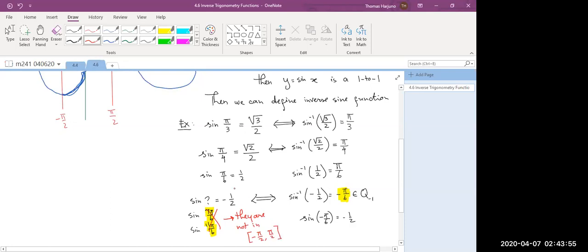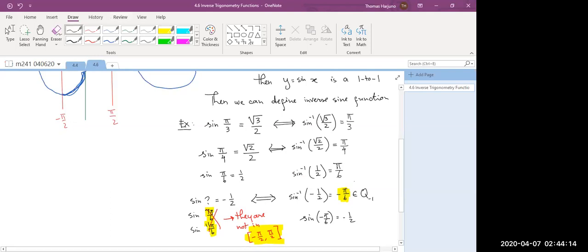There are a lot of angles such that sine of that angle equals -1/2, but there's only one angle in this restricted domain. And the answer is -pi over 6.